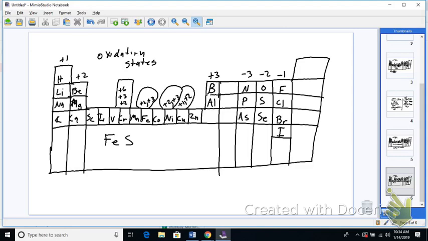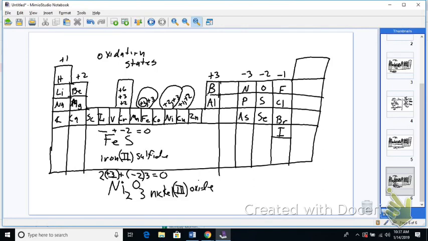So what you do is you go to the one you know. So do we know sulfur's charge? What's its charge? Negative 2. It has to come out to 0 when we add. So I need to fill in the blank. So what has to be iron's charge? Positive 2. So we use this one right here, correct? So we say iron 2 sulfide.